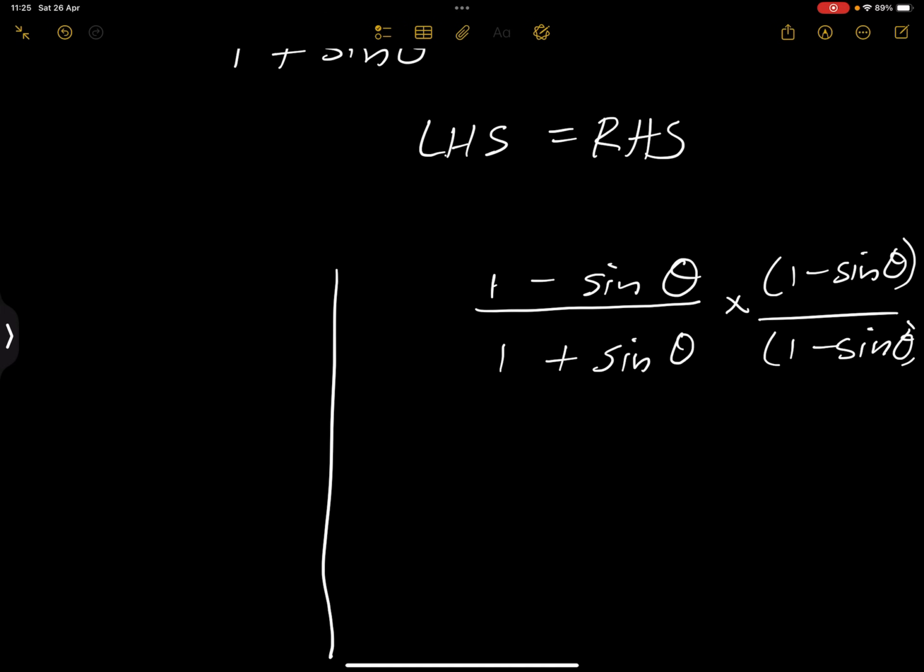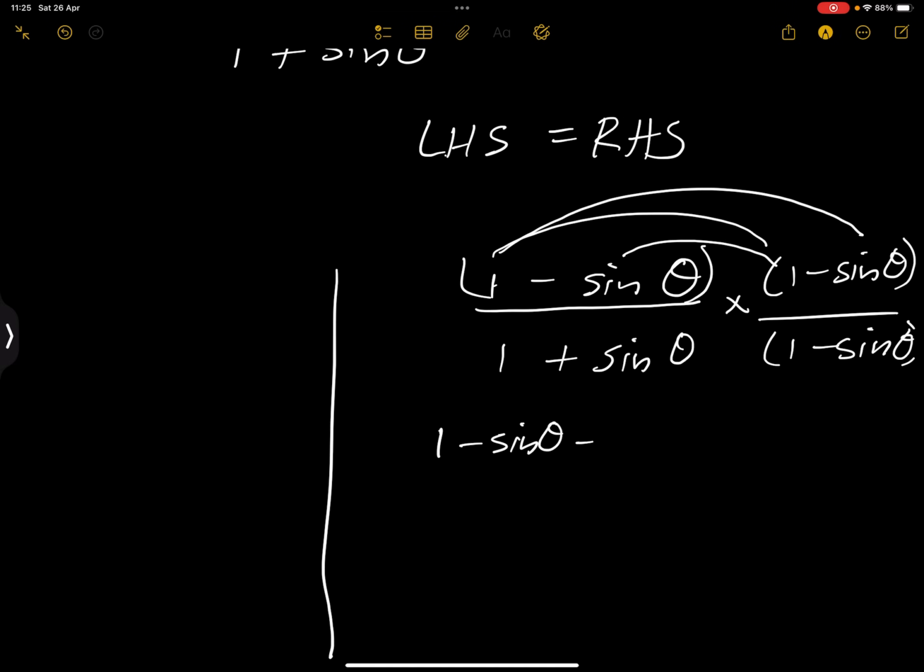So that gives me 1 minus sine theta times 1 minus sine theta at the numerator. That will be, remember, our distributive law, 1 times 1 is 1, 1 times negative sine theta is negative sine theta, another negative sine theta times 1, that's minus sine theta, and finally negative sine theta times negative sine theta, that's positive sine squared of theta.